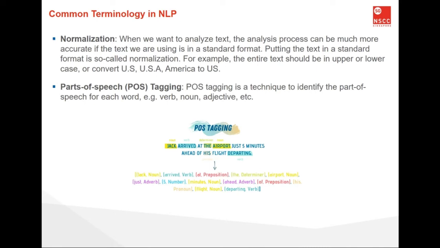POS tagging is useful for building parse trees, which are used in building NER, since most named entities are nouns, or for extracting relations between words. POS tagging is also essential for building lemmatizers, which are used to reduce a word to its root form.